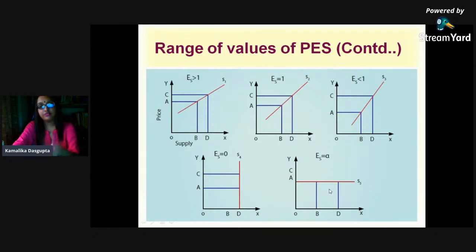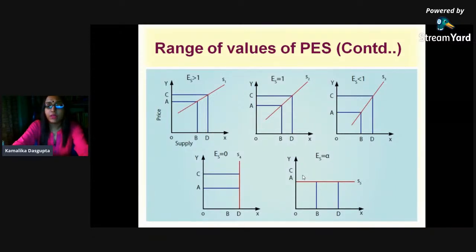And the fifth and final one is elasticity of supply equal to infinity. That means whenever price increases, the supply increases by an infinitely large amount, even if price increases by a very slight portion.